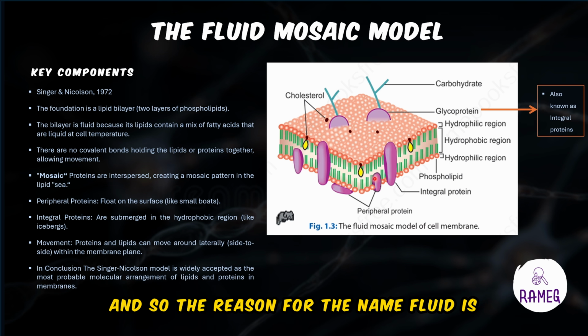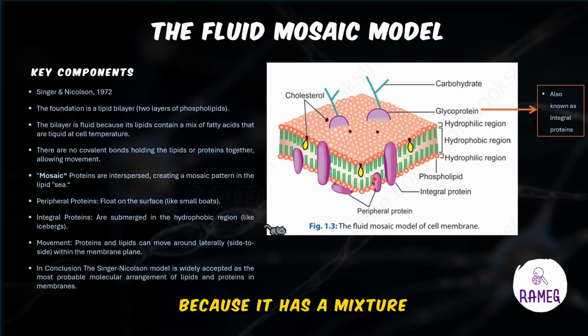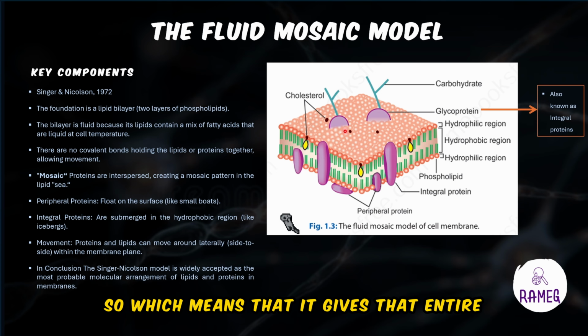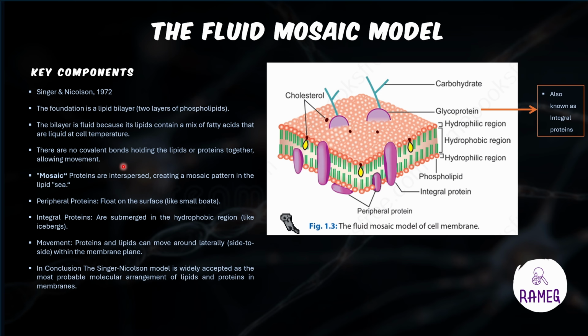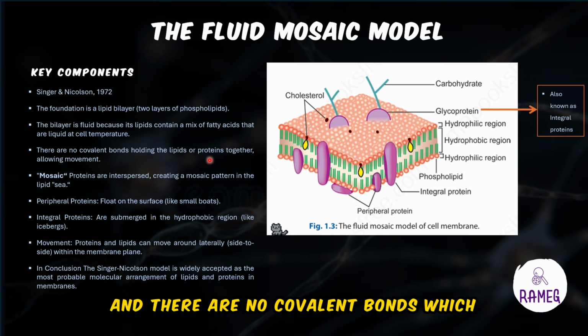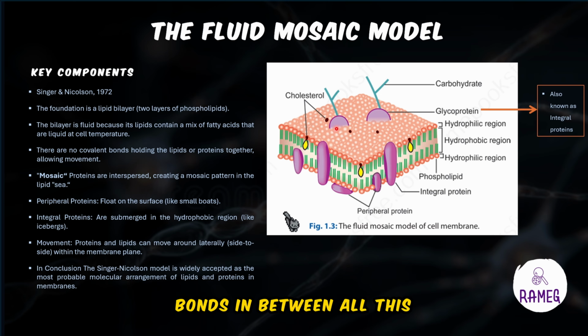The reason for the name fluid is because it has a mixture of fatty acids, and these fatty acids are liquid at cell temperature. Which gives that entire fluidity. And there are no covalent bonds, which means that there are no bonds in between all of this.